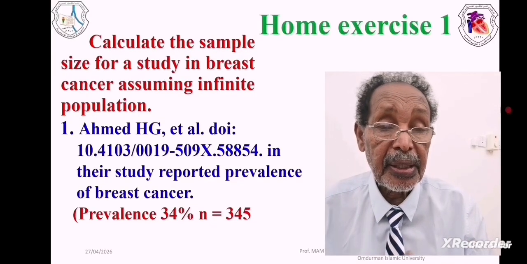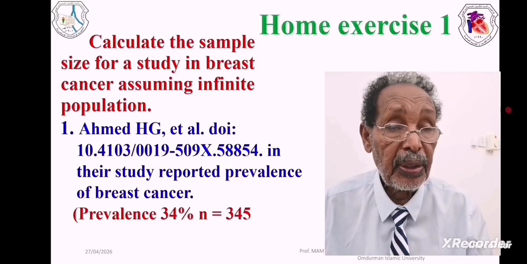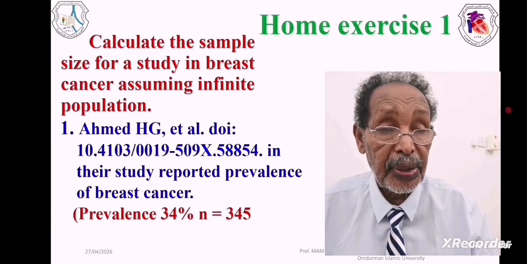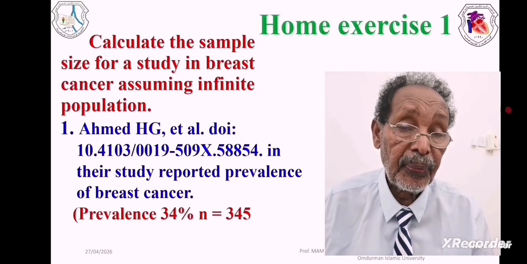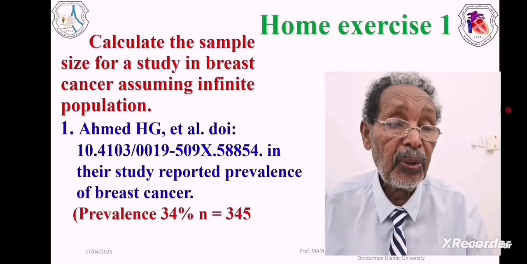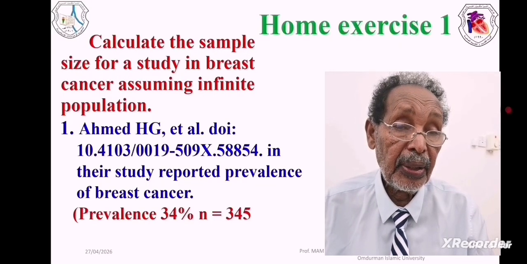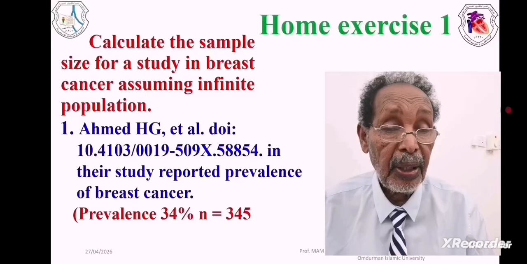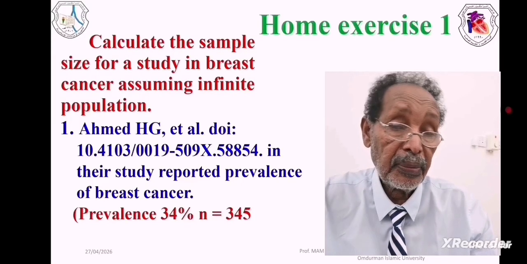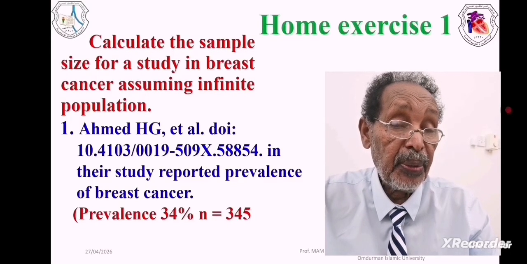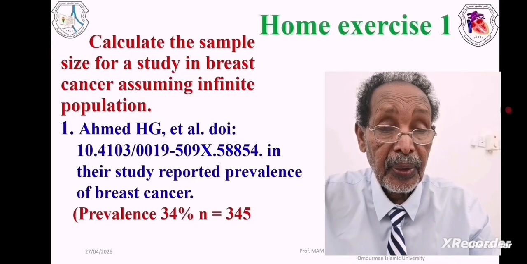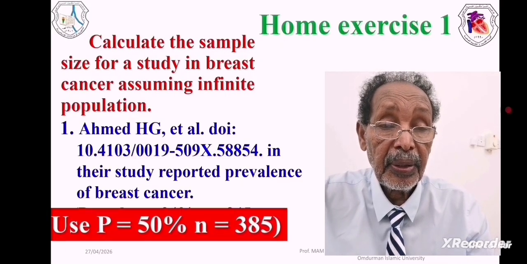If you apply this to the Cochran's formula, you will get a sample size of 345, because the percentage is 34%.